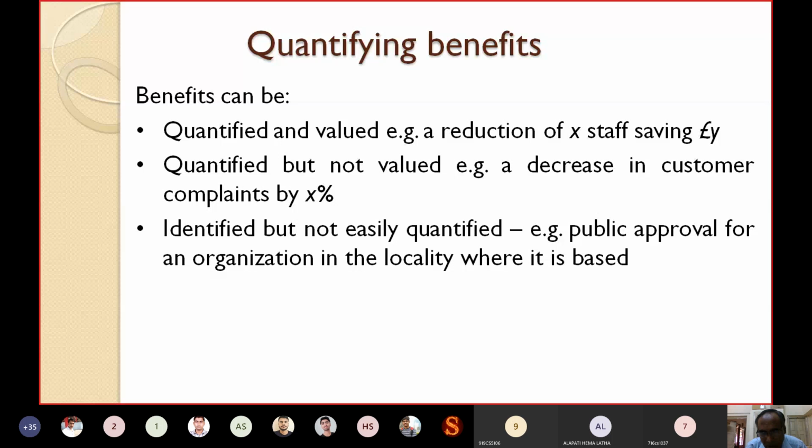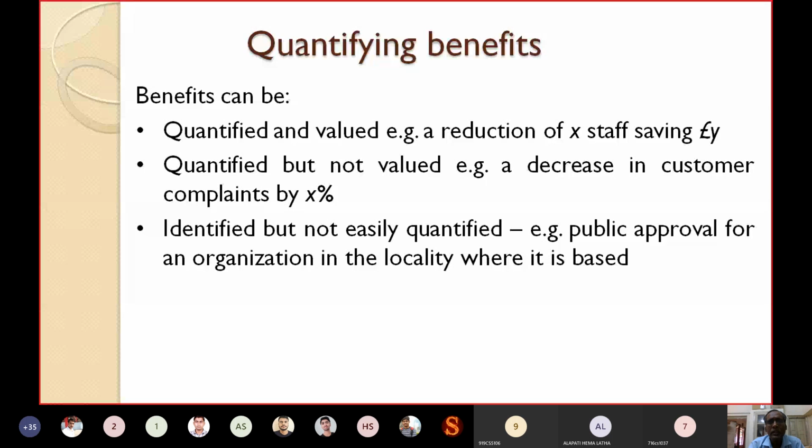These are the different classifications of benefits based on this criteria.